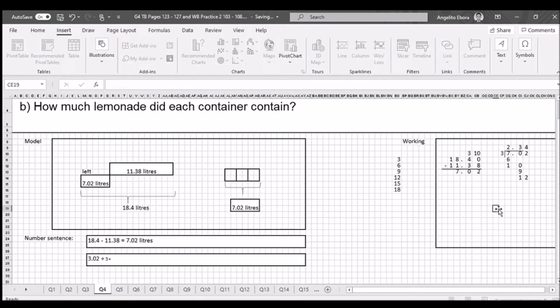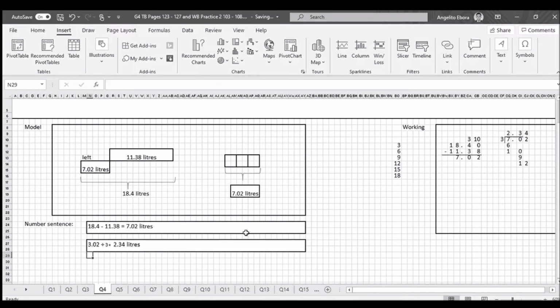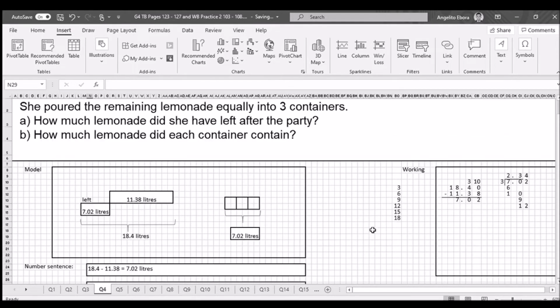So 2.34 liters. So there you have it. So the amount of lemonade in each container is 2.34 liters.